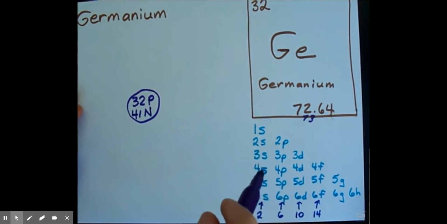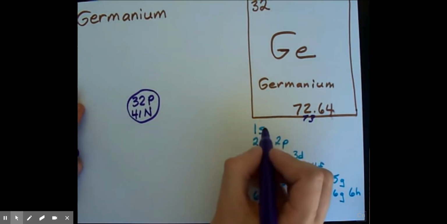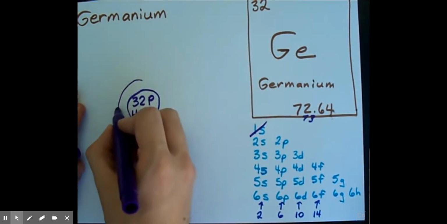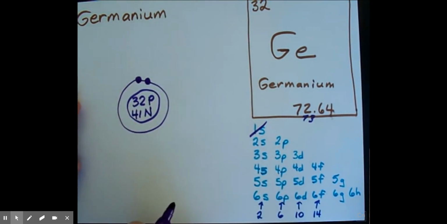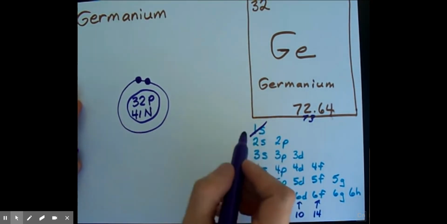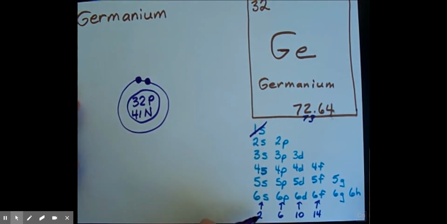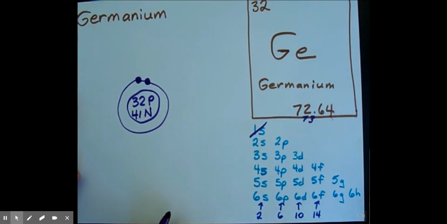What we're actually going to do is start in the lowest level electron orbital, the 1s, and put in 2 electrons. So we draw our first shell, we put 2 electrons in that first orbital. The S here stands for the shape, which is spherical, of the orbital, but the important thing is that all the s orbitals can only handle 2 electrons. So we put 2 electrons in the first shell.